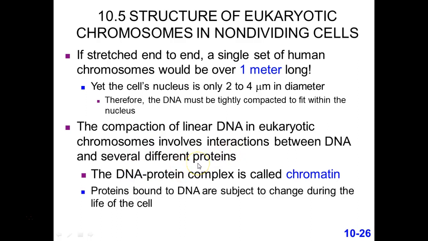So they do change, right? This is not a permanent association. It's ever-changing, evolving through the cell cycle. But of course, the interactions between the proteins and the DNA determine the level of compaction, right, that we see for the chromosomes.